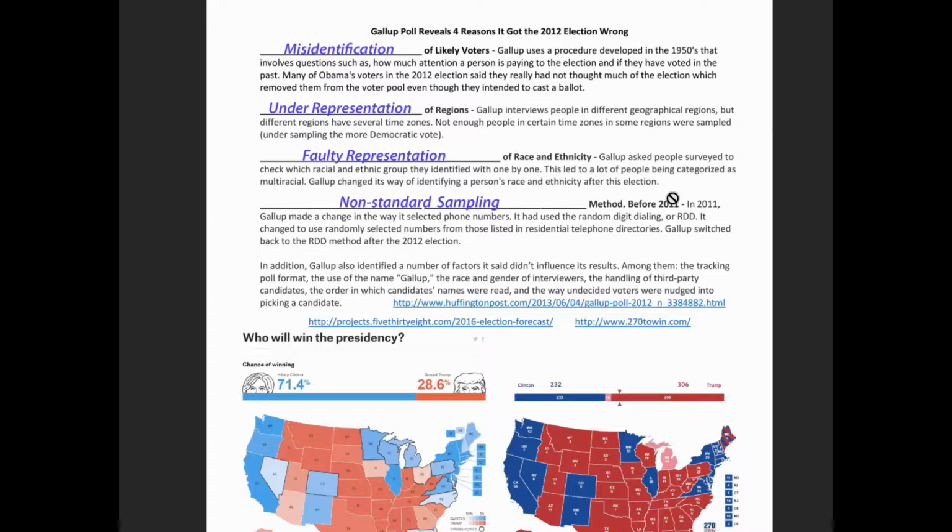In the most recent election between Donald Trump and Hillary Clinton, Gallup had predicted Hillary Clinton would win by quite a bit, and it turned out that she did not win. It was very surprising, and so they had to figure out where they went wrong. And so these are 4 different things they kind of found that they needed to improve on because their results were not accurate predictions.